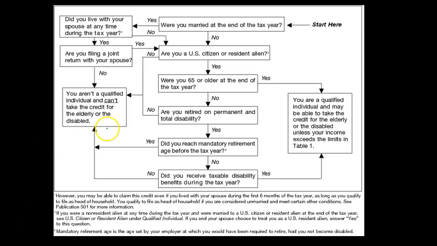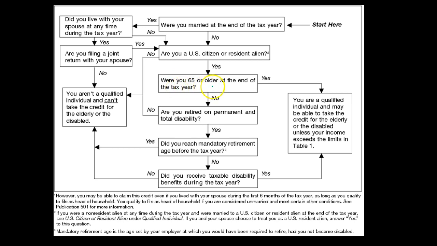Here is a flowchart that can help us out through the general kind of questionnaire for it. We won't go through all of the options here, but we'll go through the easy one, the general one, the usual one. So were you married at the end of the tax year? If we say yes, we're going to go to this side. If we say no, we're going to go down. So let's say if we're not married and go down, are you a U.S. citizen or resident alien? If the answer is yes, then we can go down to the next item.